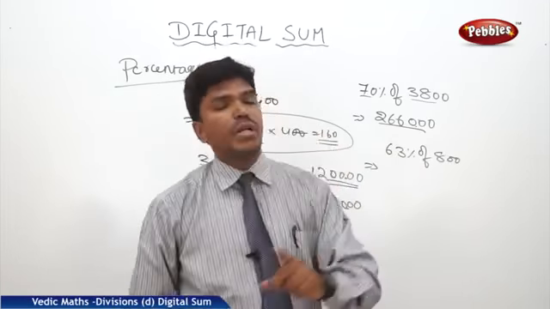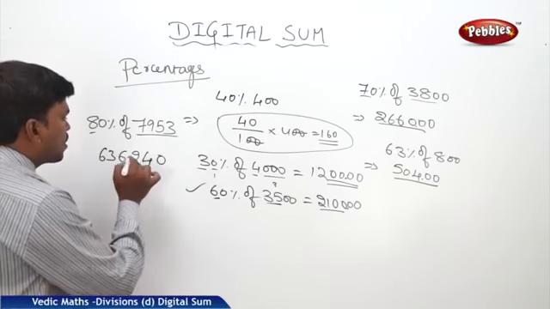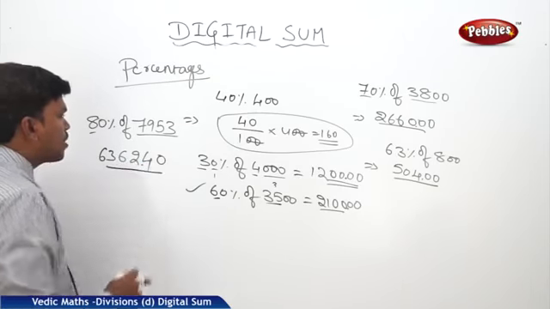So you can directly go. 24, 40, 42, 72 plus 4, 76, 56 plus 7, 63. So 63624 I got. And 0 at the end. 80 into 7953 is 63624. Now put a decimal point after 2 digits from right. So this will be your answer.